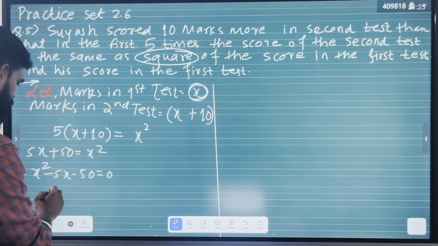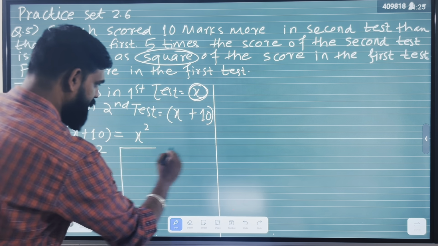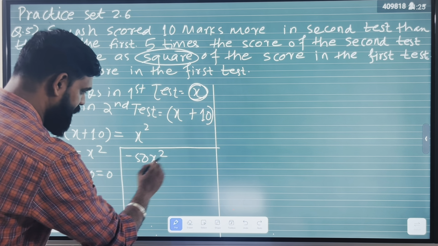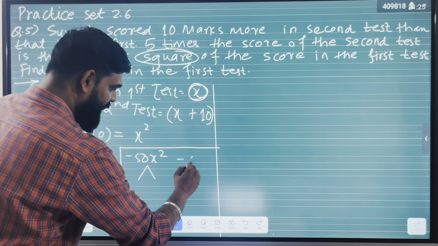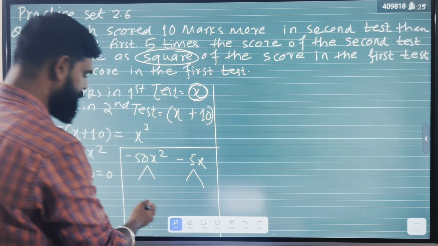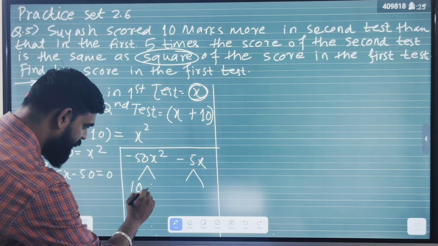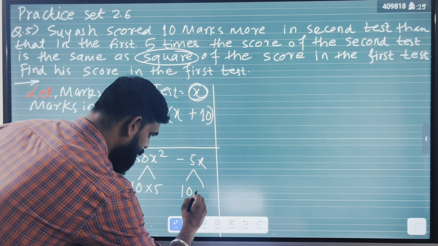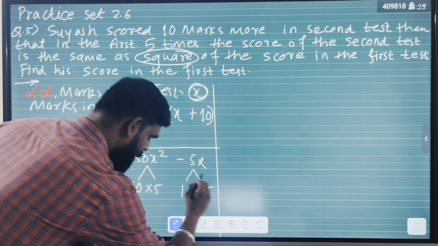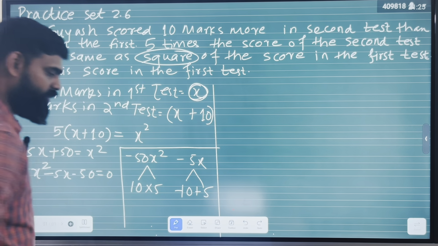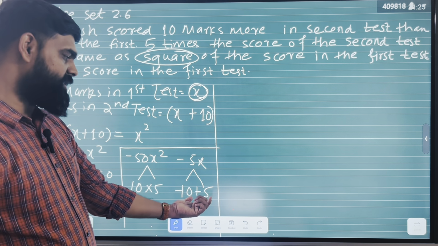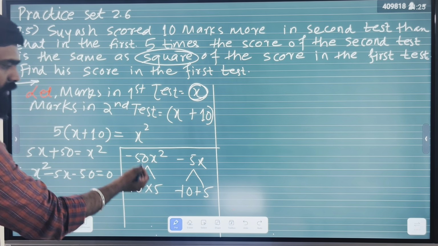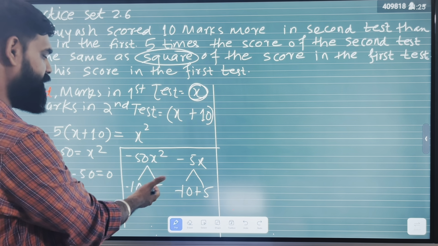So for this we have to find two numbers: minus 50 should be the multiplication and minus 5 should be the addition. So 10 into 5 we will get 50, and minus 10 plus 5 will become minus 5, and minus 10 into 5 we will get minus 50.